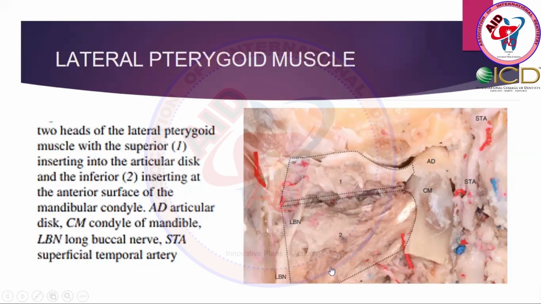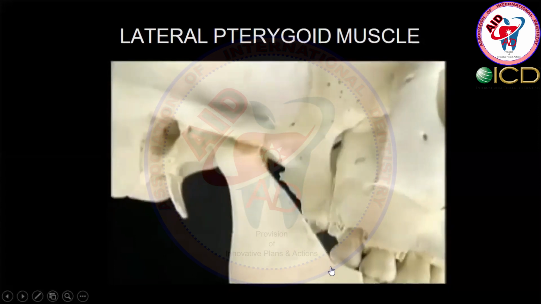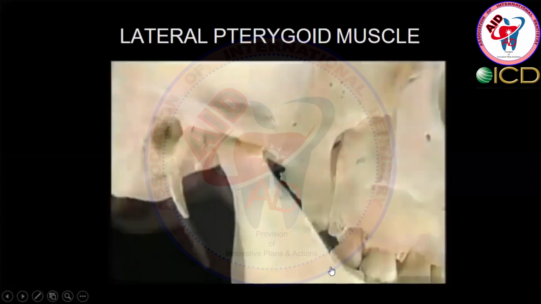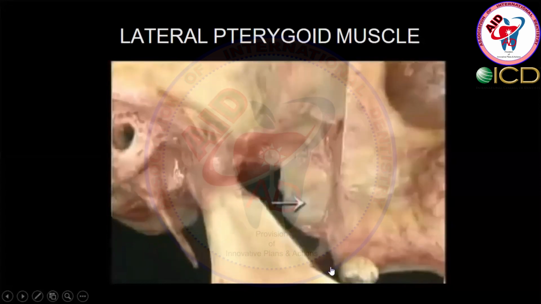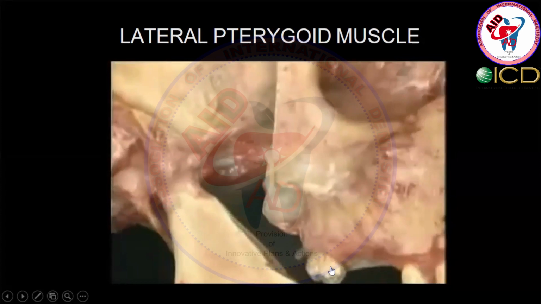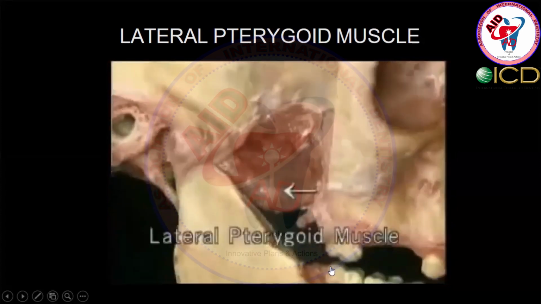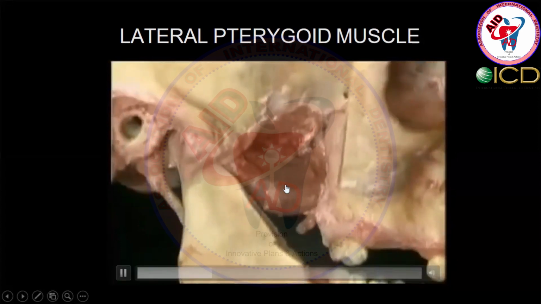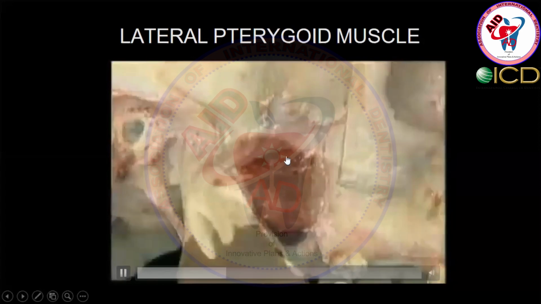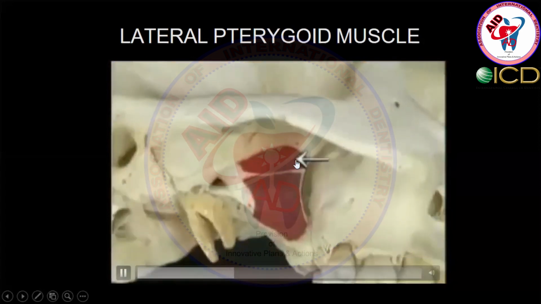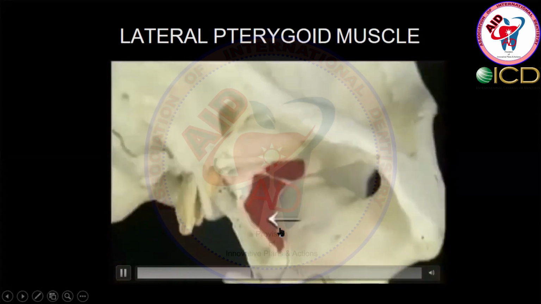Now that is the zygomatic arch. We cut the zygomatic arch. We see the lateral pterygoid plate, and this lateral pterygoid plate contains the lateral pterygoid muscle, superior and inferior head. You see, when we give the attachment to this muscle, the superior head is directly attached to the disc, and the inferior head is directly attached to the neck of the mandible.